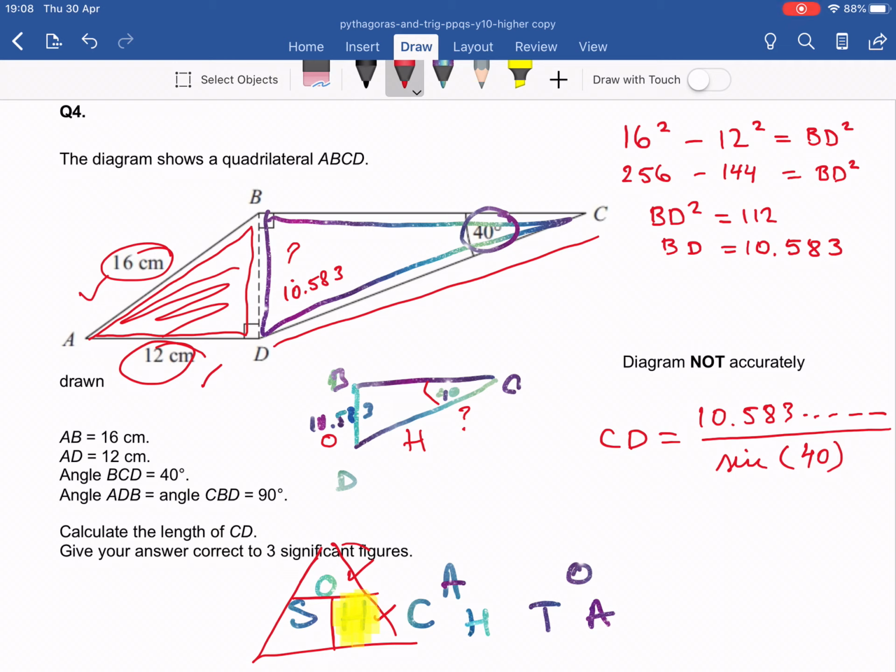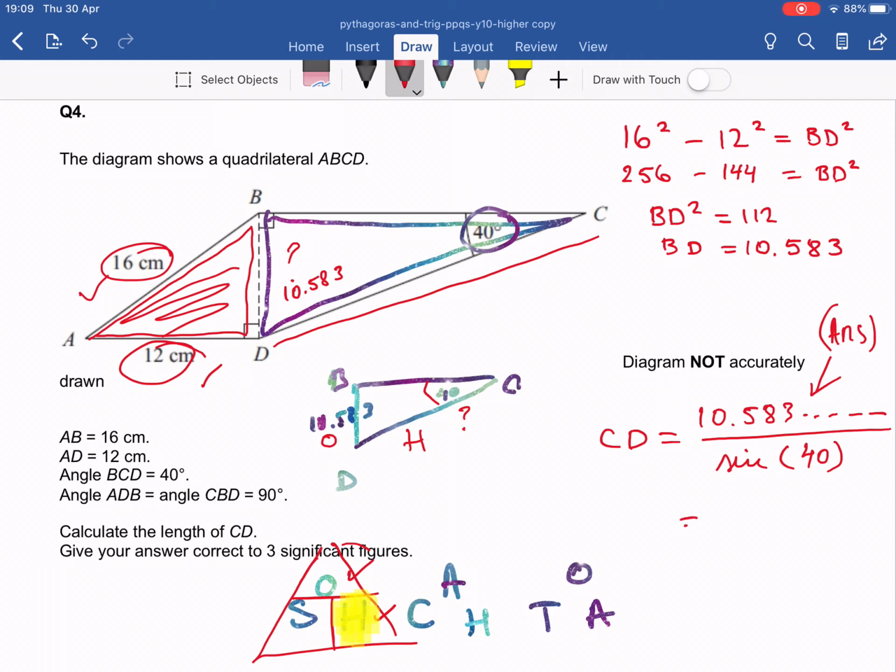At this point, with this value, you should use your answer button in your calculator to get a really accurate answer. So that's what I'm going to do. I'm going to say answer divided by sine 40, close bracket, equals.